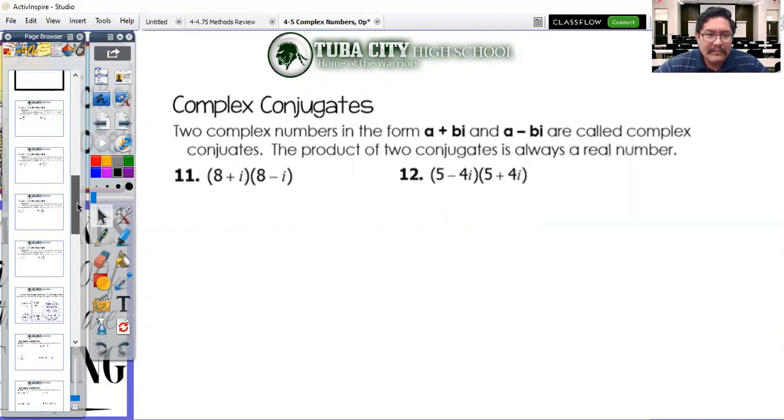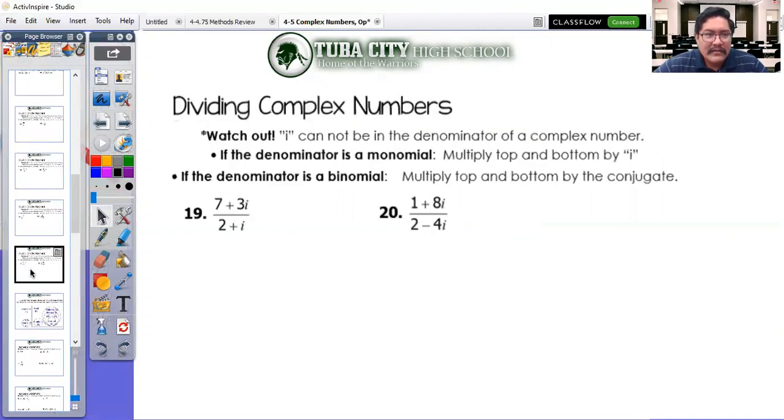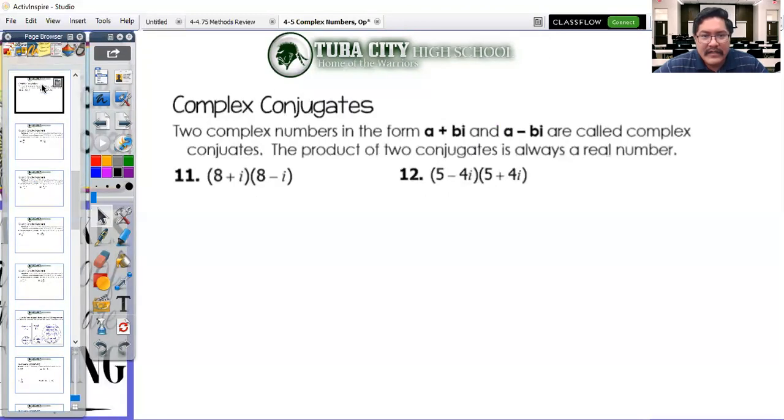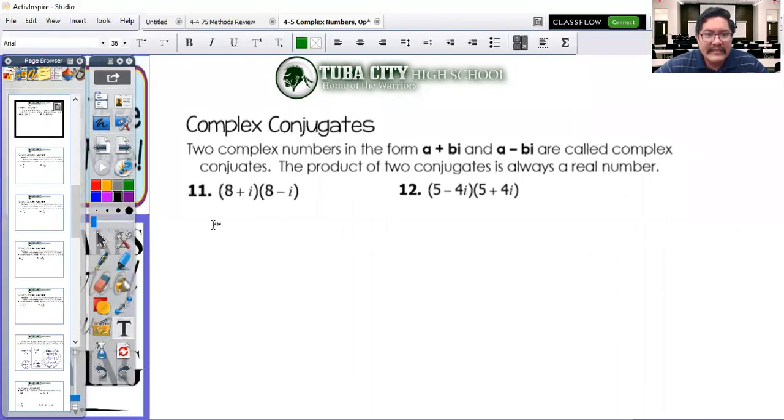So I might go back and make this up again, but we only have 1, 2, 3, 4, 5 pages, and then we'll be done. Most of this is going to go by pretty easily. So let's just go ahead and keep doing what we're doing.